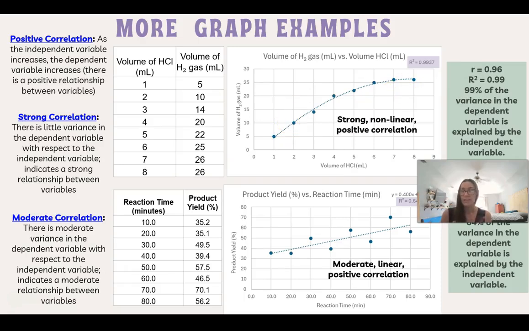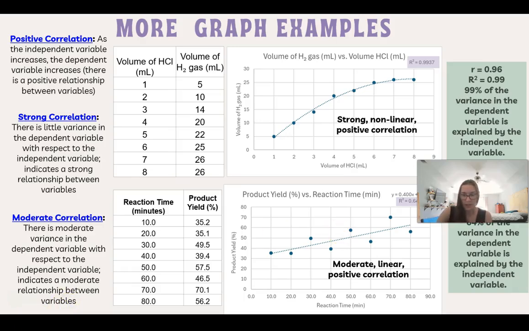So in this case, the R value is 0.96, very close to +1. So that means that the relationship is positive and the relationship is very strong. So there, as the independent variable goes up, the dependent variable goes up as well. And the R squared value, the coefficient of determination, is 0.99, which means 99% of the variation in the dependent variable is explained by the independent variable.